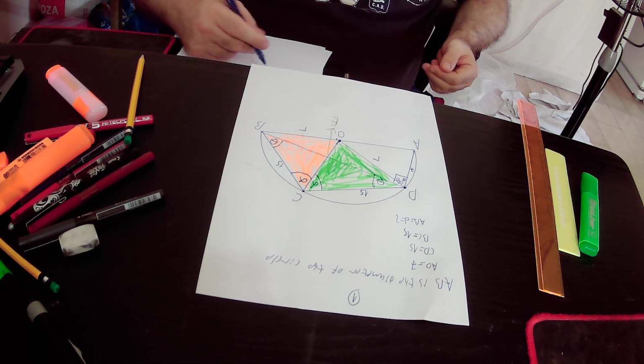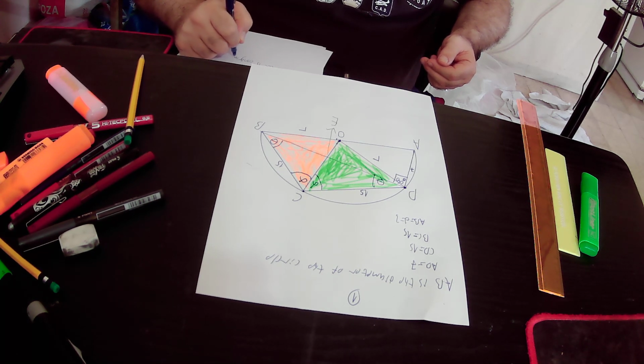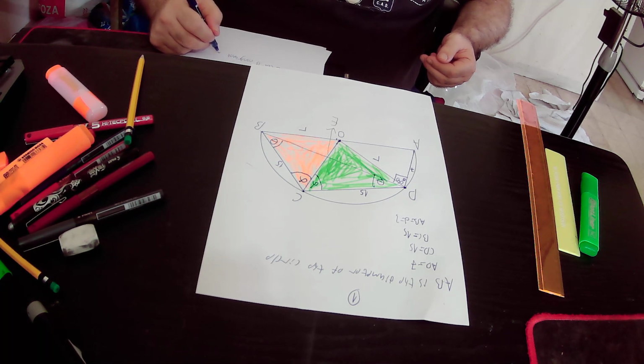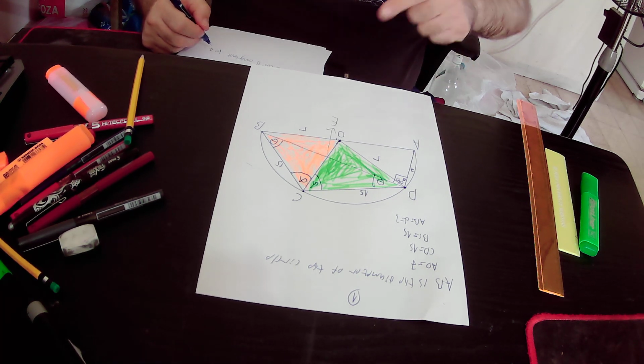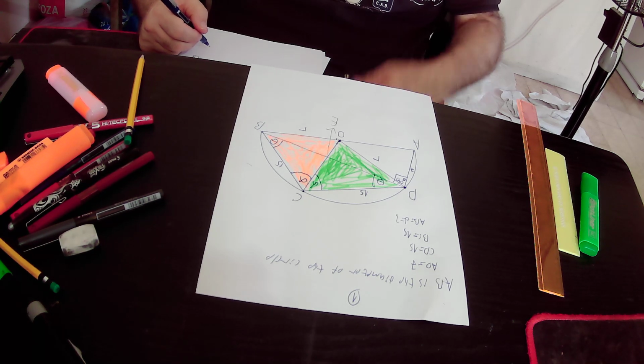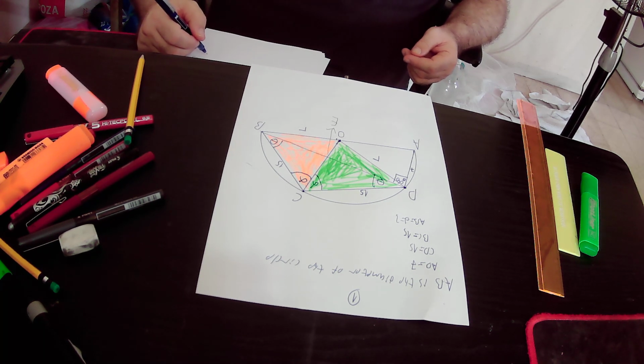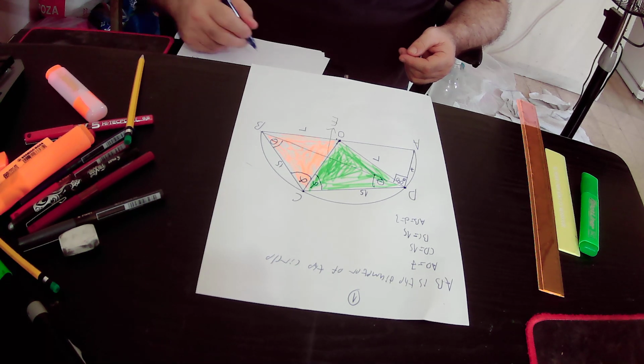Therefore, triangle CDE is congruent to triangle CEB, according to the side angle side rule: if two sides and the included angle of one triangle are equal to two sides and the included angle of the other triangle, then those two triangles are congruent to each other.